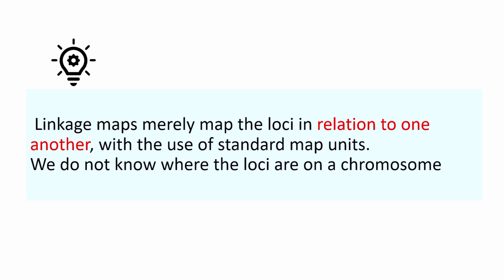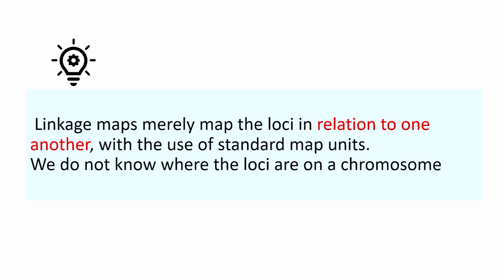So, whenever we are checking the distances, we need to have genes that are closer to each other, right. If we are seeing that they are far apart, then we need to find some other gene which might be closer to the combination. And for linkage maps, this is one thing that you need to remember. I also told you very early in the class that linkage maps merely map the loci in relation to one another.